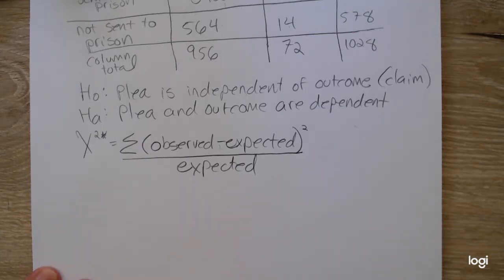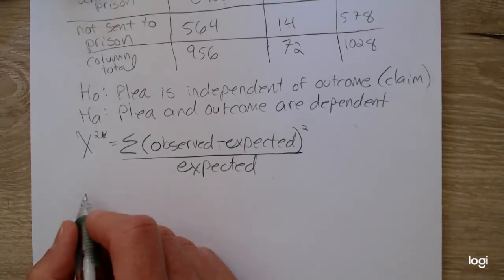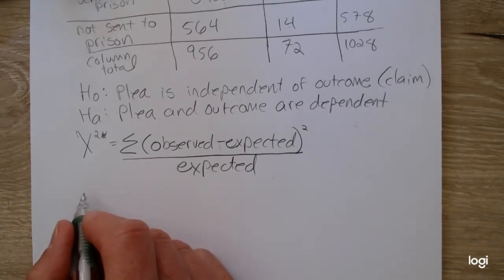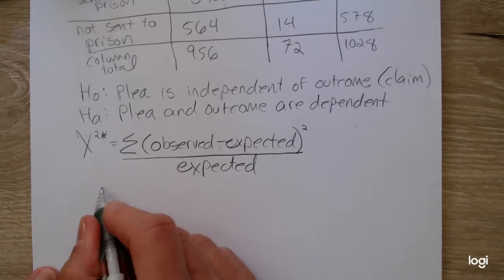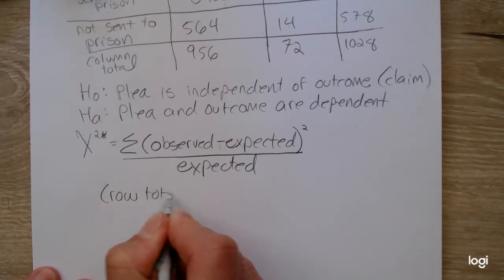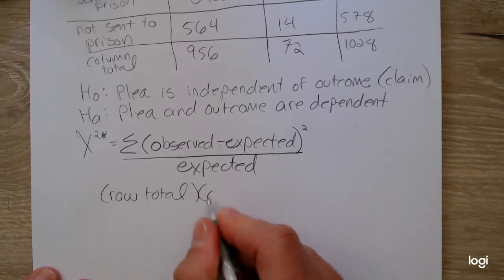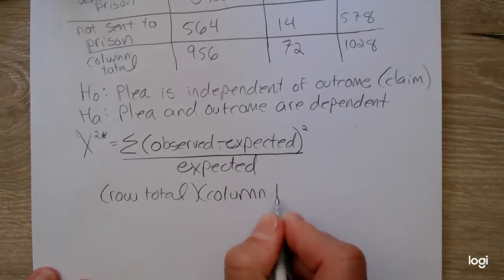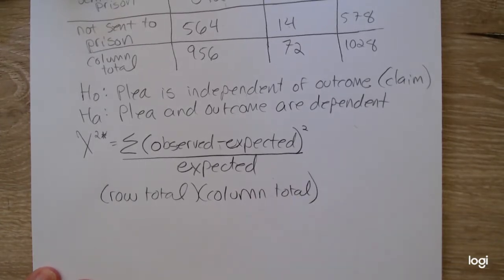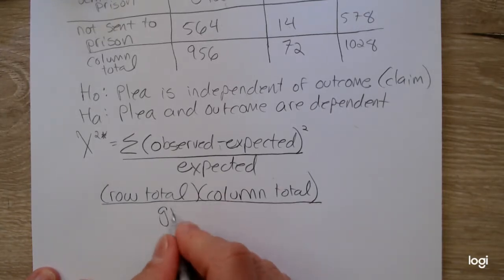However, if you have a reasonably large table, you're not going to want to do all of this by hand. But to find the expected count for any cell, it's going to be the row total for that particular row times the column total for that particular column, divided by the grand total.